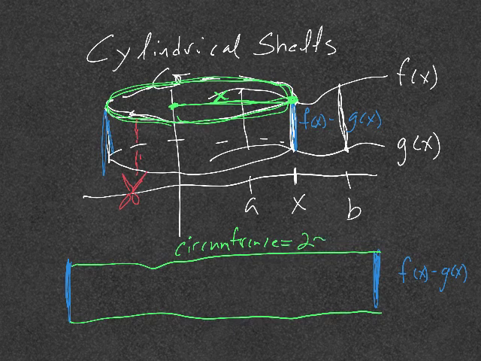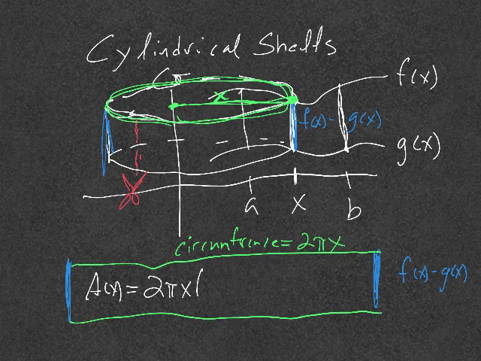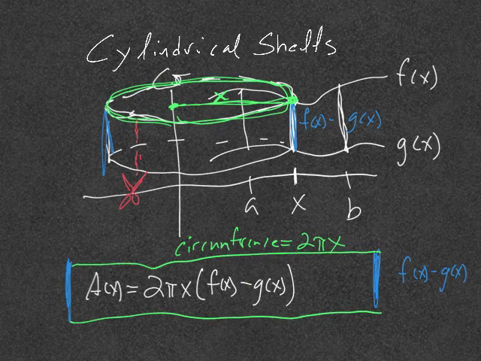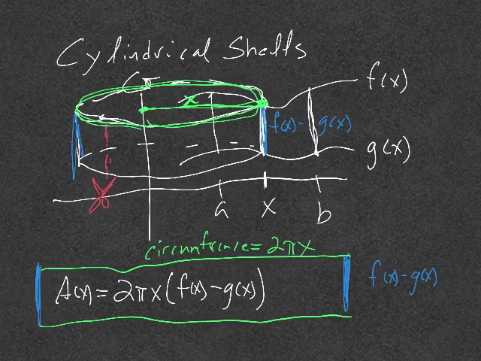Well, that's going to be 2 pi times x, right? And so the total area here is we just have a rectangle. It's 2 pi x for the top part times f of x minus g of x for the vertical part. And let's shrink this down again and give us some space.